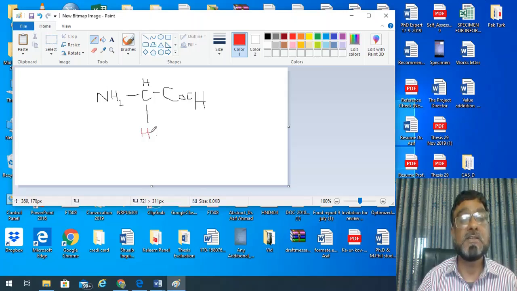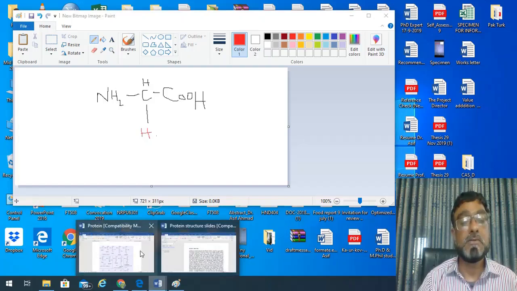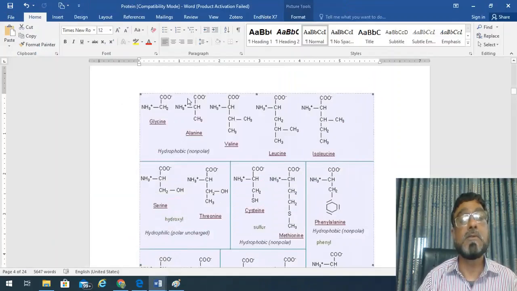This is the structure for glycine: COOH, CH2, NH2. This is in the hydrated form. When this is in the hydrated form, we can write it as COO minus, NH3 plus. On one side H and on the other side another H. So this will be glycine.